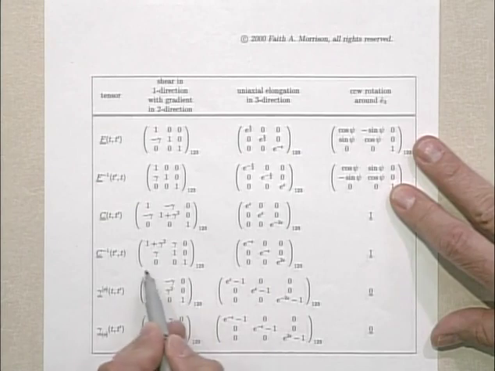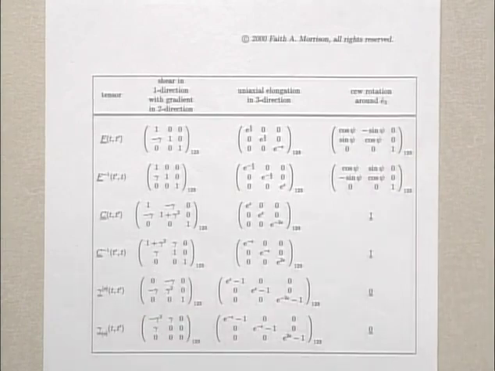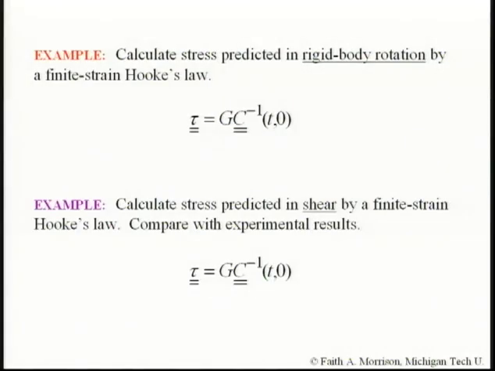This is interesting. This is a prediction now. Because this Finger tensor goes into this equation, it predicts that when you take a block of rubber, an elastic solid, and put it in shear, it's going to generate stresses. Most significantly to us, notice that it's going to predict normal stresses.